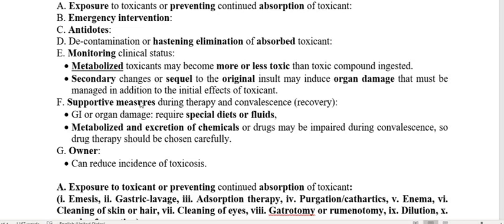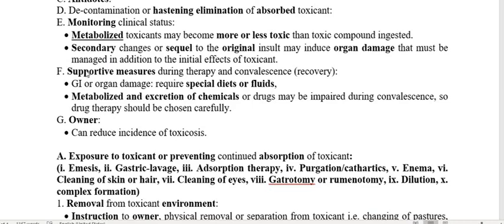After that, we have to go through some supportive measures, supportive therapy. If there is organ damage or a GI problem, then we have to give special diets or fluids to the poisoned animal.